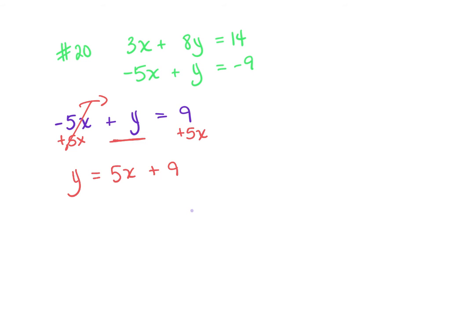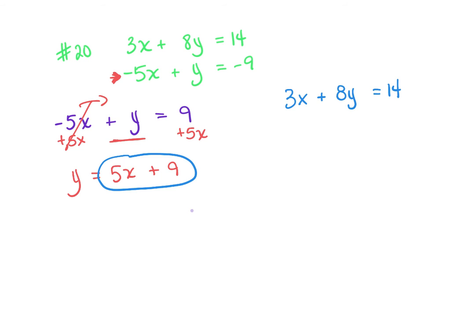Okay? And so I started with this equation because that was the one that was the easiest to get alone. So now I'm going to go to the other equation, this 3x plus 8y equals 14, the one I haven't done anything with. And that's the one I'm going to substitute. I'm going to take this group that I just got isolated here all by itself, and it equals y, right? We just said y equals that group.